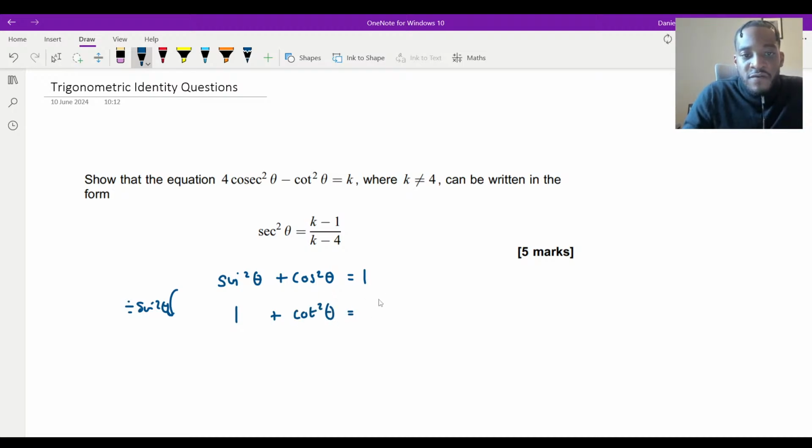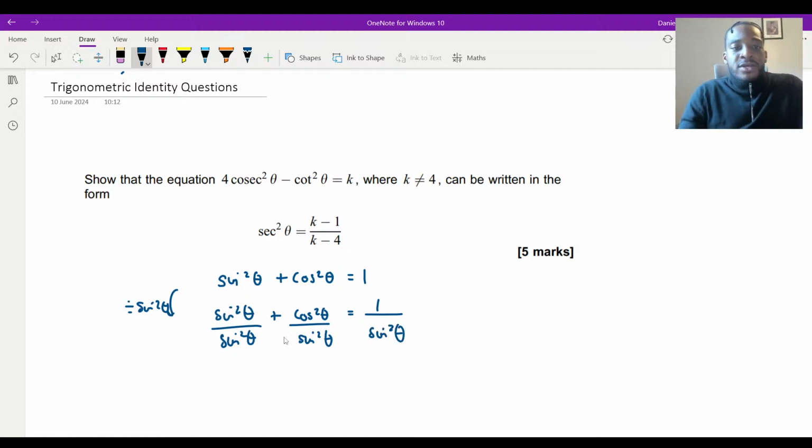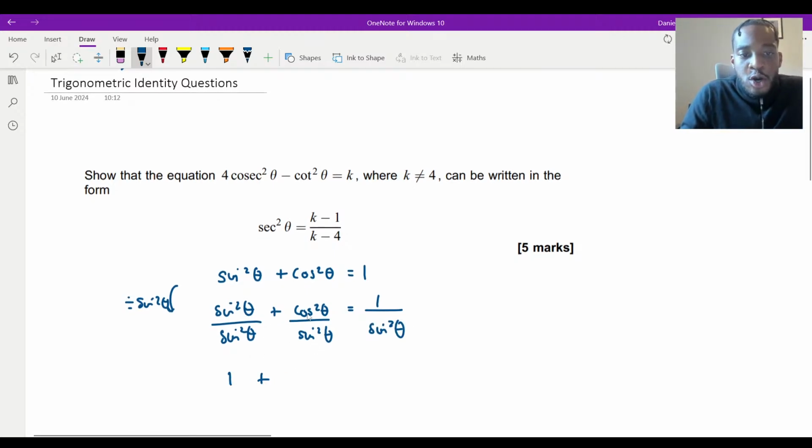And 1 over sine squared is cosec squared. Cos over sine is cot.